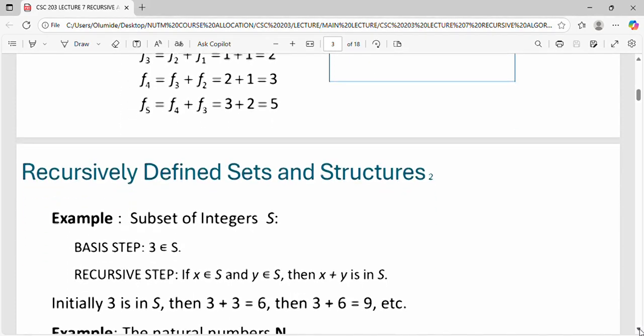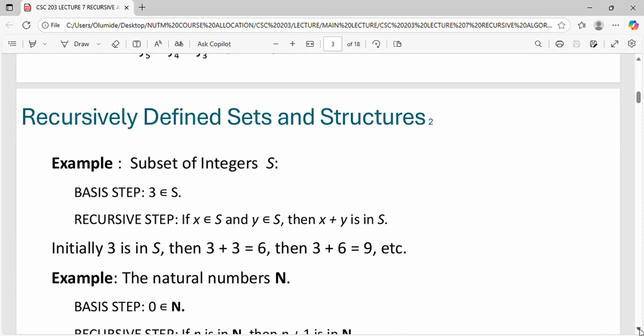Now let's look at recursively defined sets and structures. For example, let's look at a subset of integers S. Don't forget that in proving by strong induction, or whatever induction method you want to use, you still have to go through the basis. The basis will tell you that this holds.